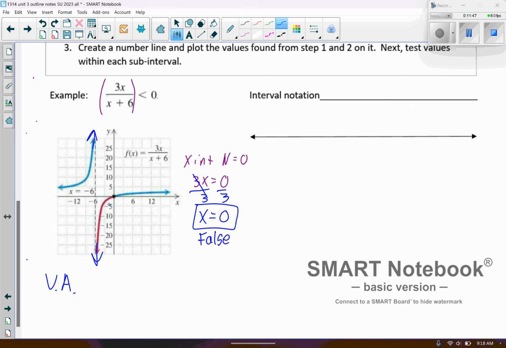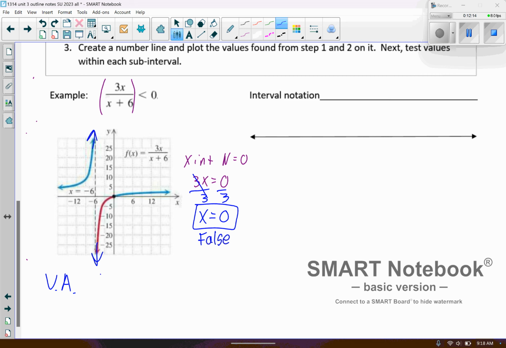And so there's a sign change when you cross the vertical asymptote, just like when you cross the x-axis, you're going to have a sign change, right? In this case, I cross my vertical asymptote from being positive to being negative. And so that's another key point of these rational inequalities.